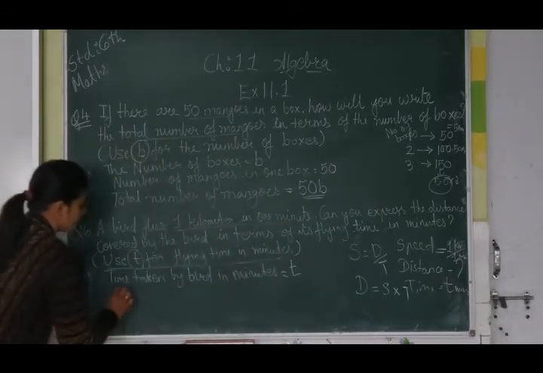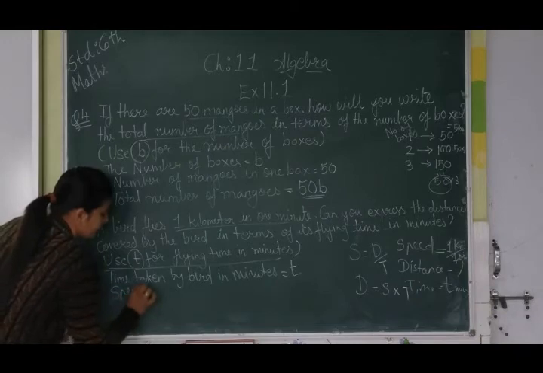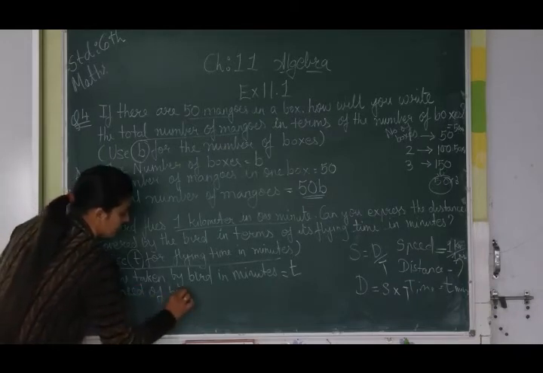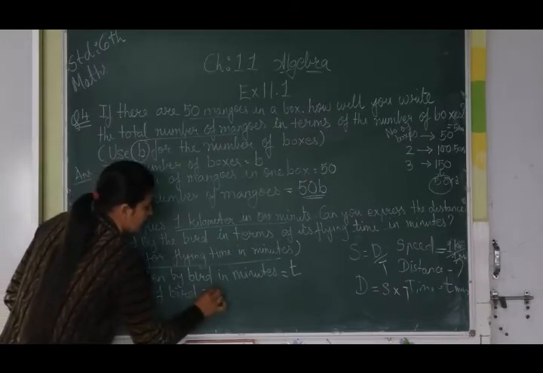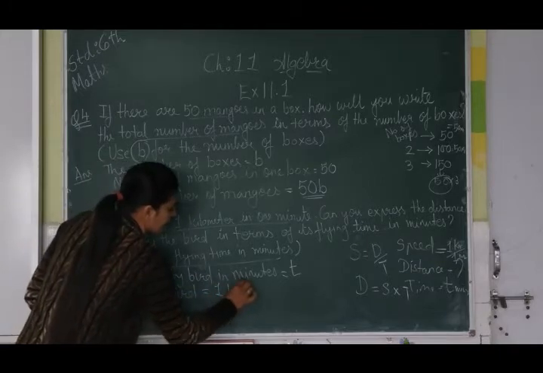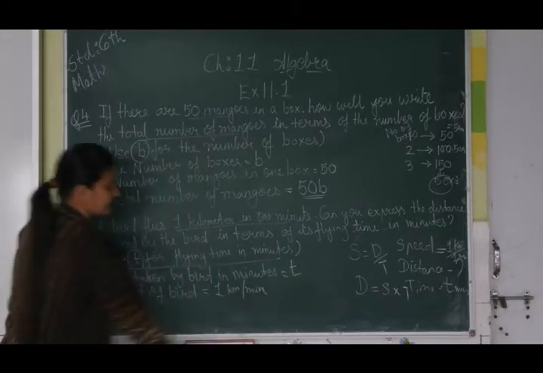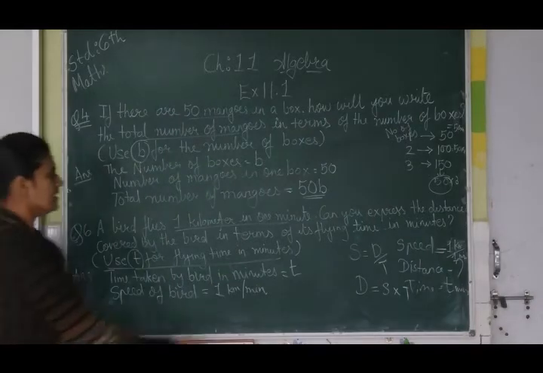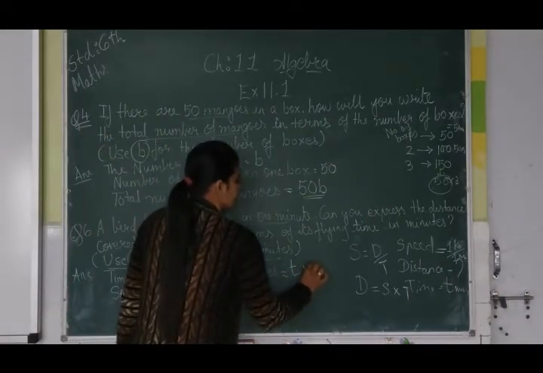That we will write down. Speed of bird is equal to 1 kilometer per minute. Okay, this T is in minutes.